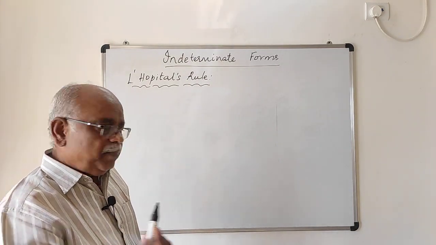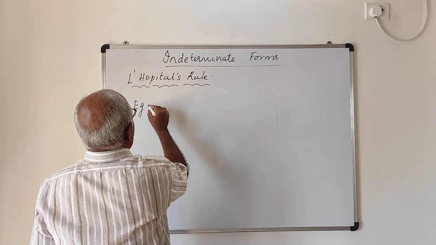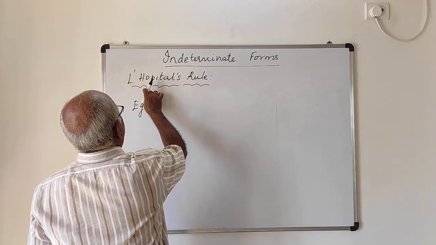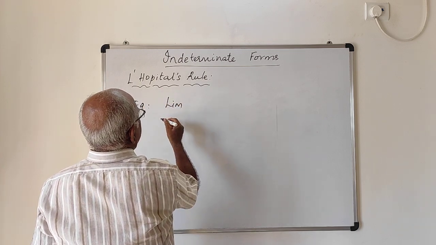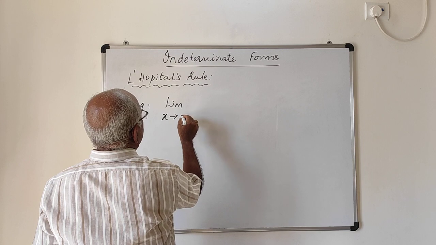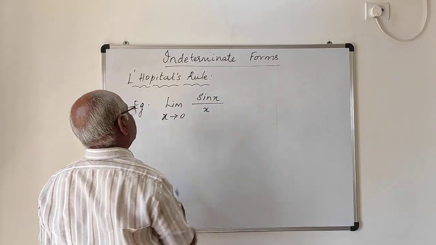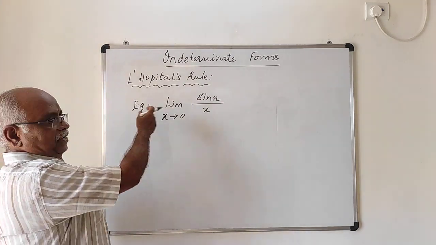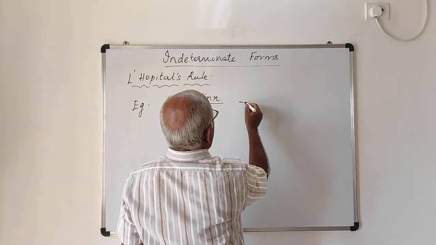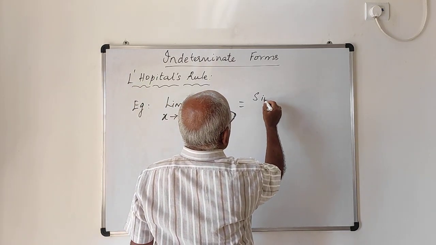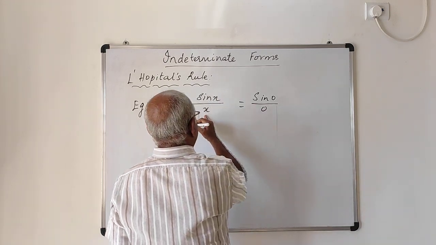While evaluating a limit, for example, limit x tends to 0 of sin x by x. For this function, if you apply the limit x tends to 0, in the numerator you get sin 0, and in the denominator x becomes 0.